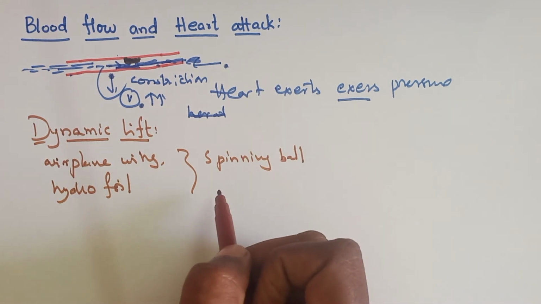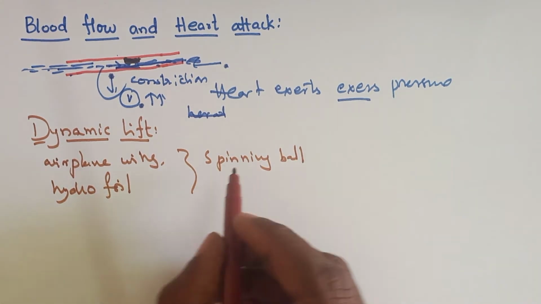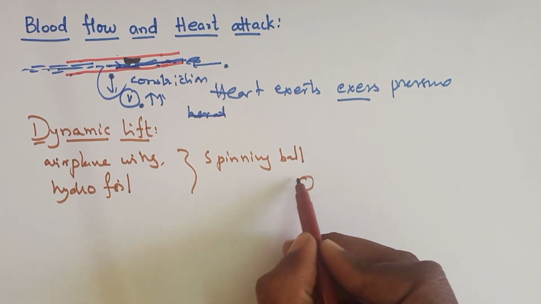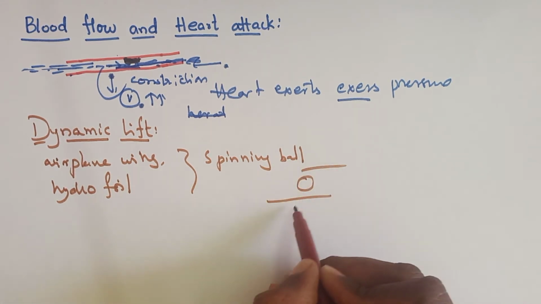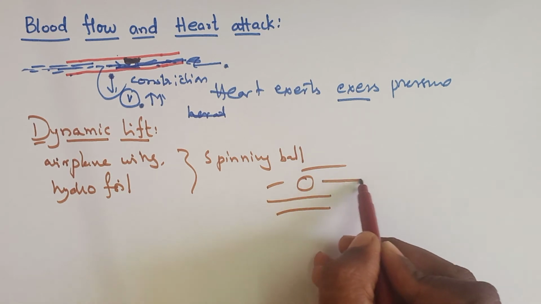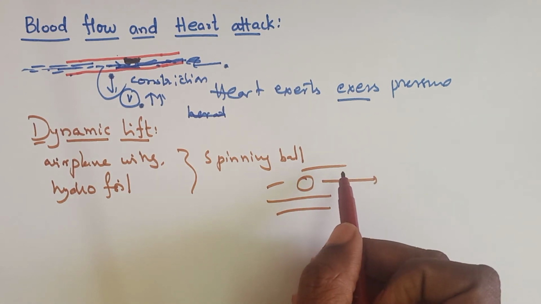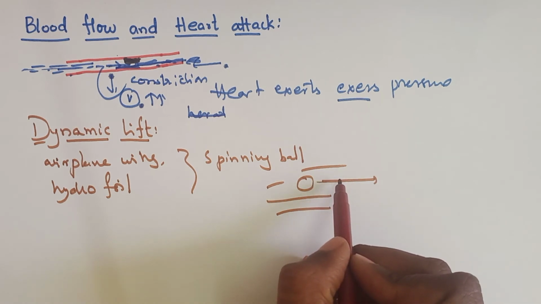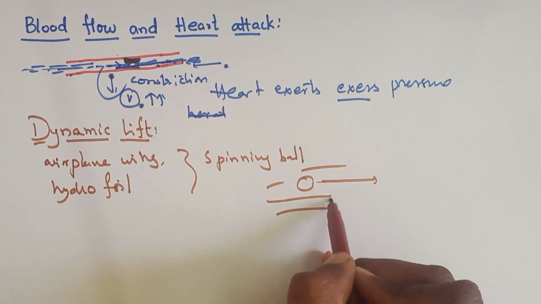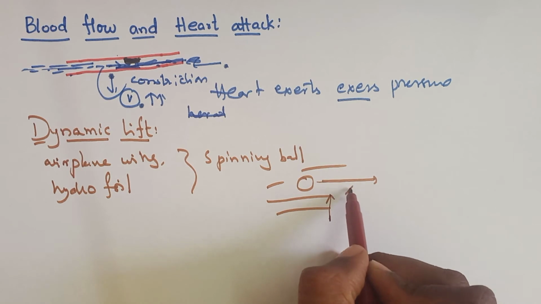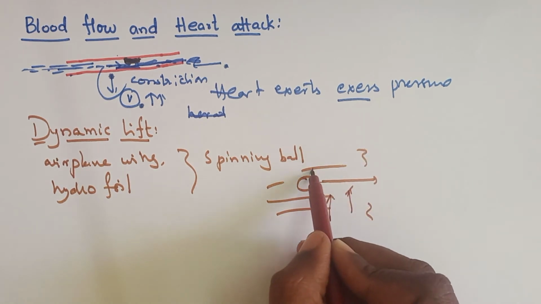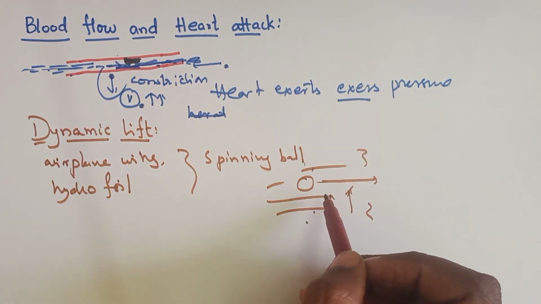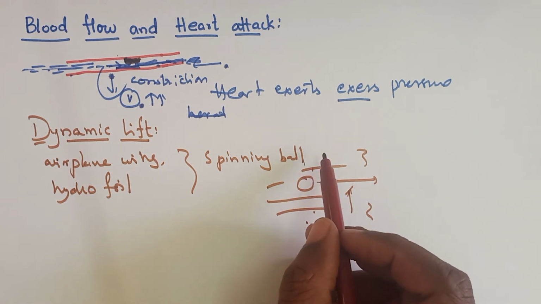Cricket ball, baseball. What is happening here? When a ball is going through a fluid like air, it deviates its path from the normal path, because some lift occurs. The lift is applied due to the pressure variations on the upper and lower sides of the ball, so that it can be lifted up.